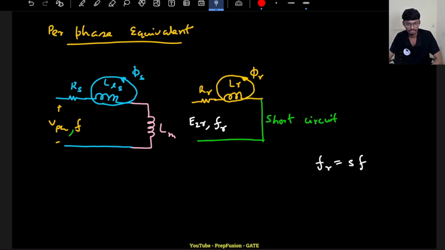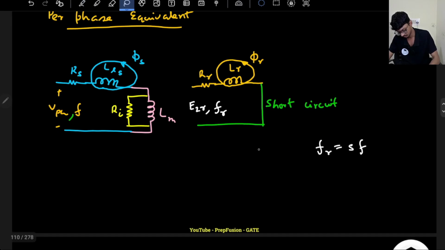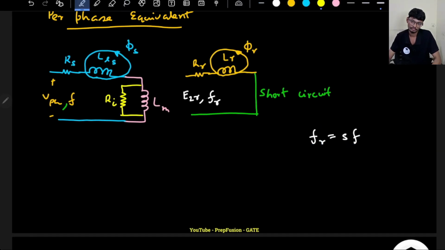And of course, don't forget there is the core resistance as well. There is this core resistance as well.